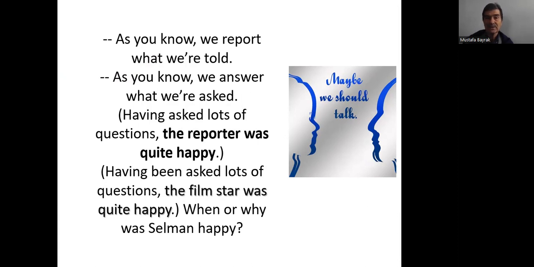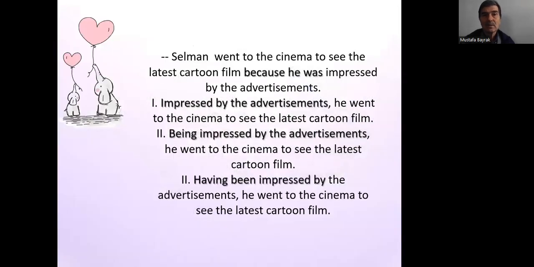When or why was Selman happy? Selman having won the medal. Yes, having won the medal, Selman was happy. Okay. Now, Selman went to the cinema to see the latest cartoon film because he was impressed by the advertisements.